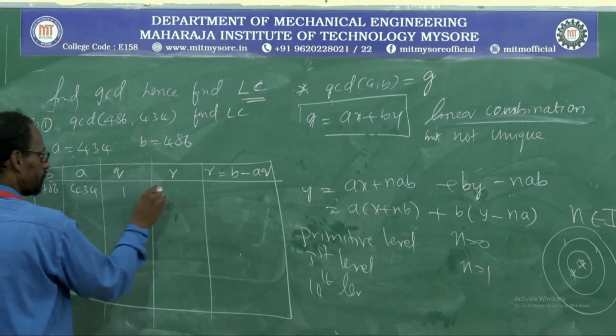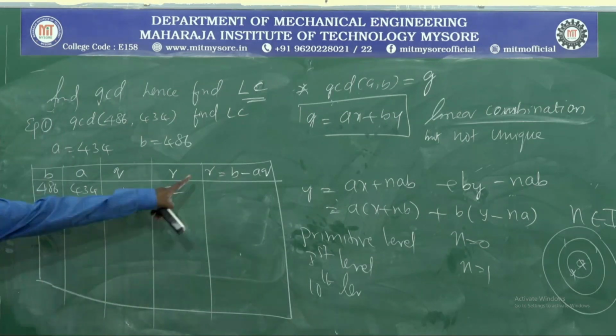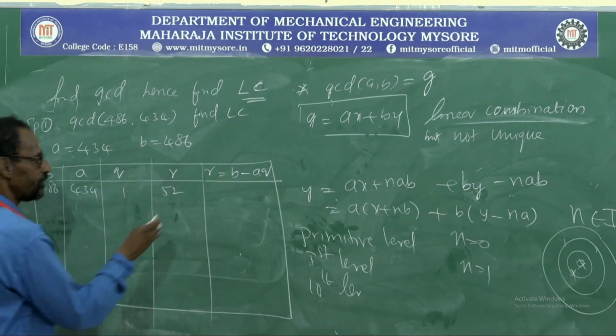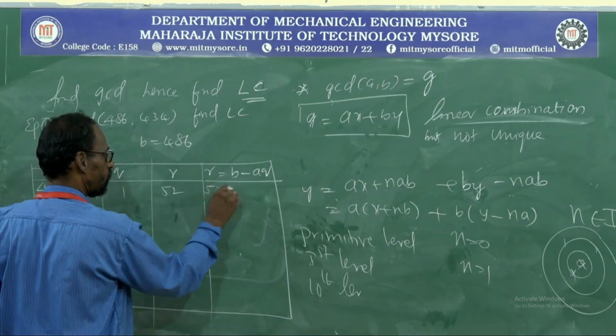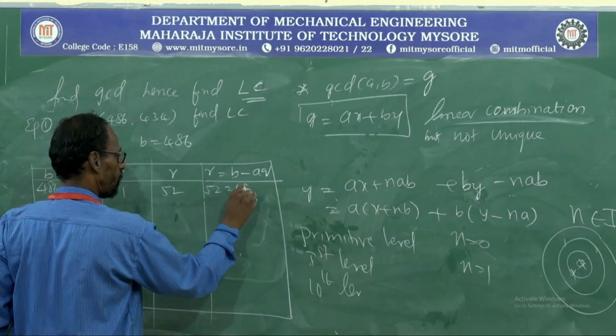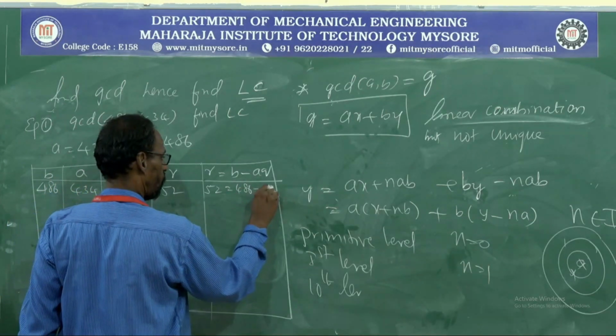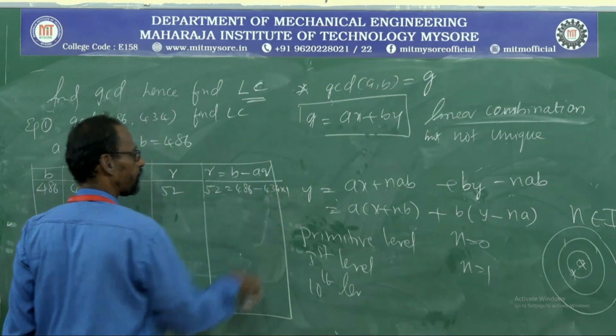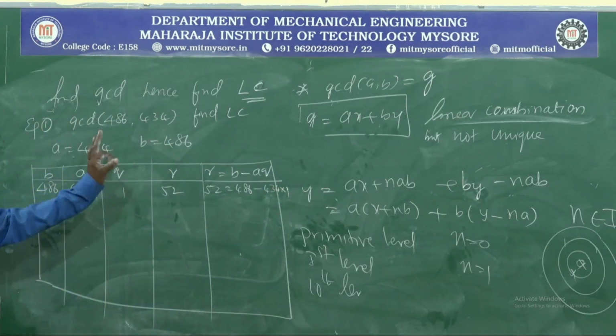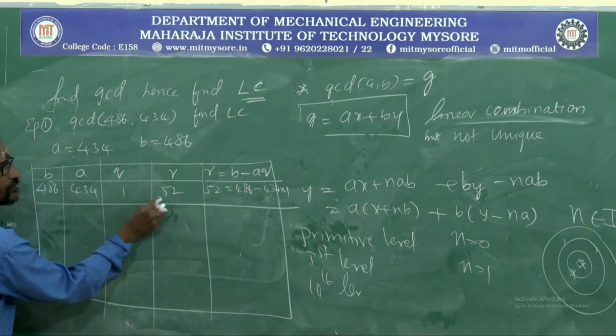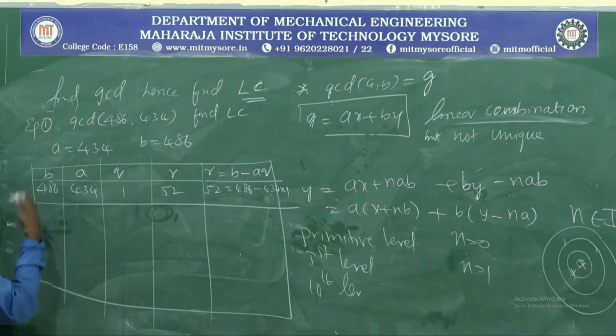The quotient is 1, the remainder is 52. See, the formula you can simply write: 52 equal to 486 minus 434 into 1. See, B minus A into Q. I didn't get 0.